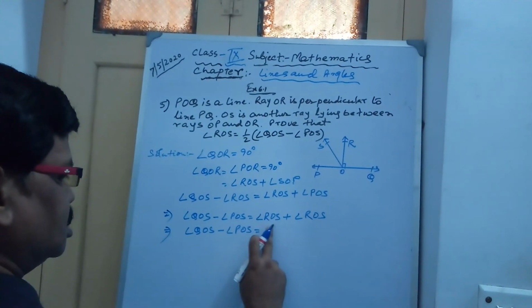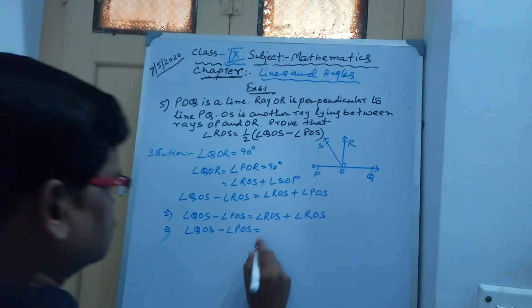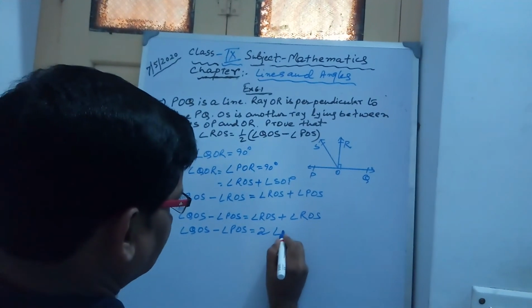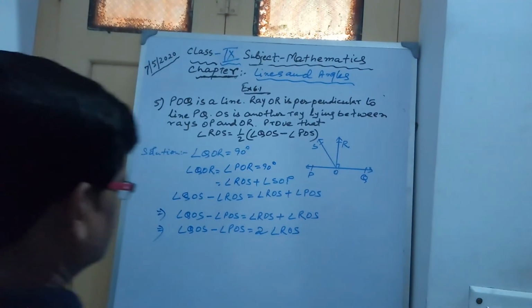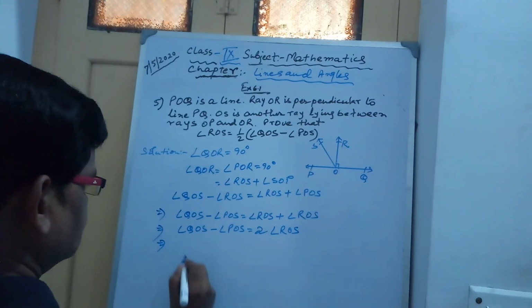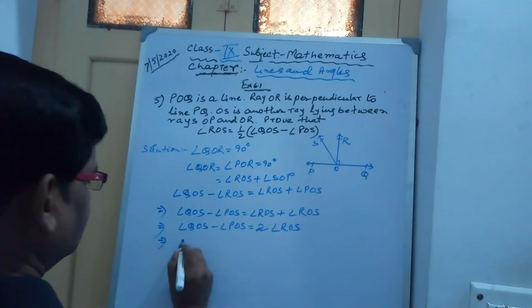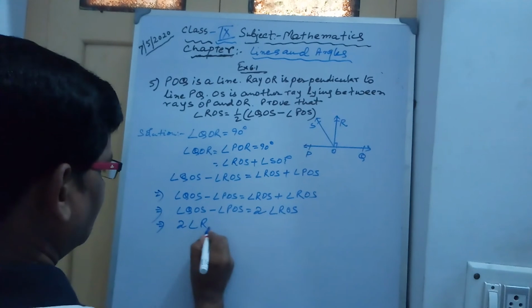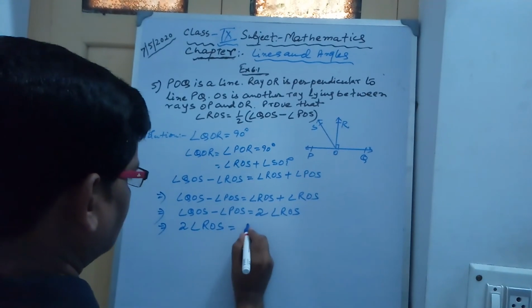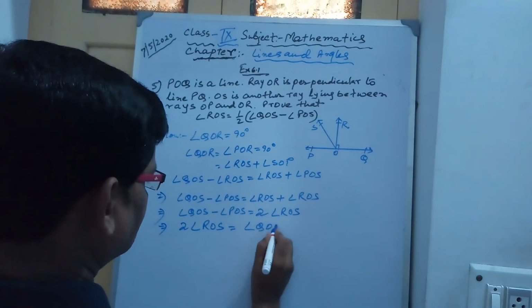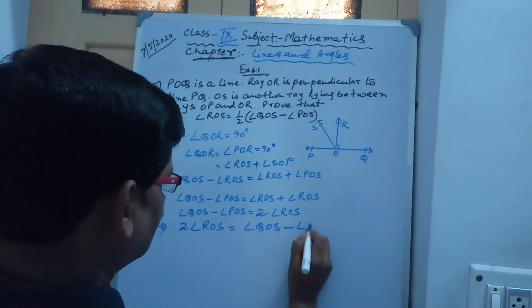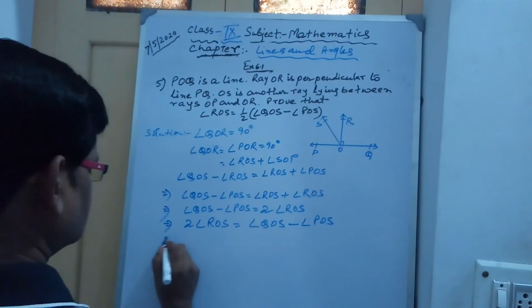Angle ROS plus angle ROS becomes 2 angle ROS.